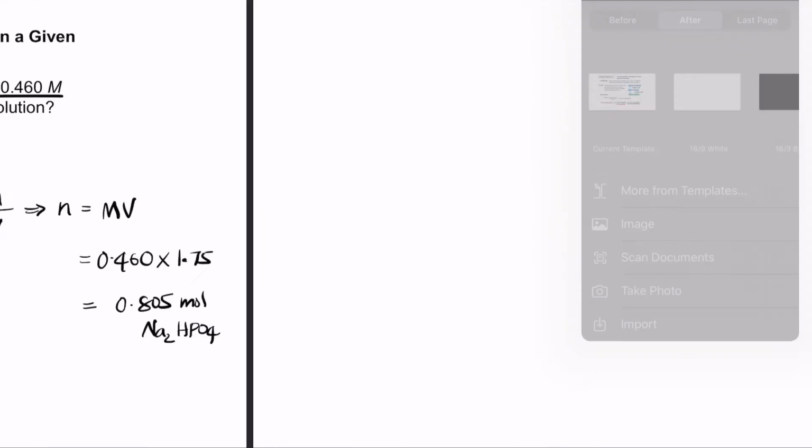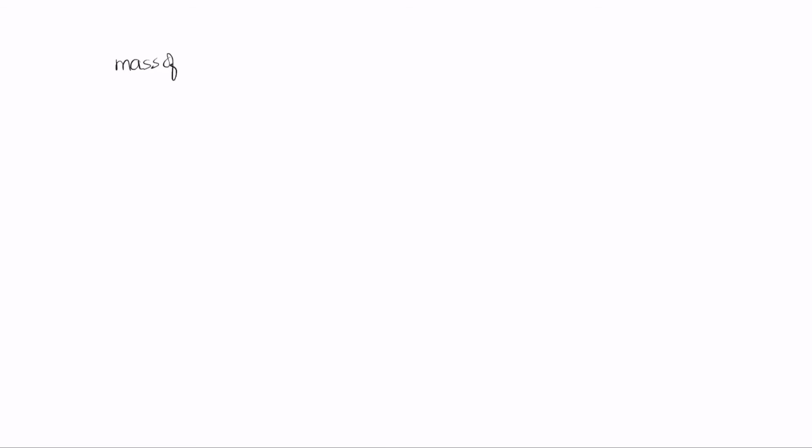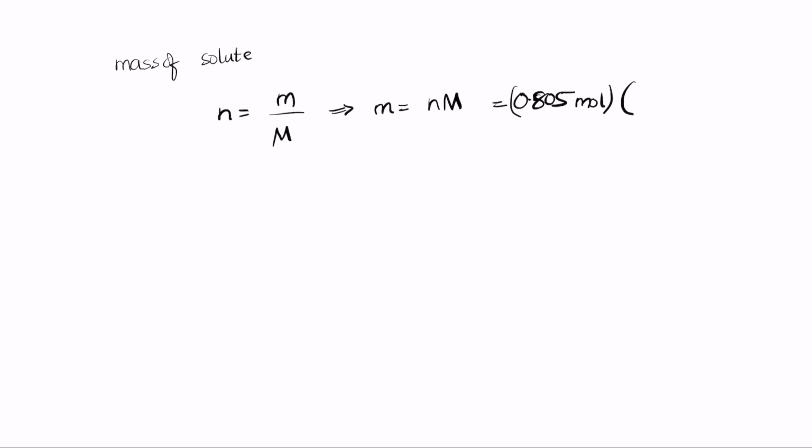The next thing we want to find is the mass of the solute. How will you find the mass? We know that the number of moles is mass by molar mass, but here we want to find mass. Mass is the number of moles times the molar mass. So the number of moles is 0.805 times the molar mass of Na2HPO4, which is 141.96 grams per mole.